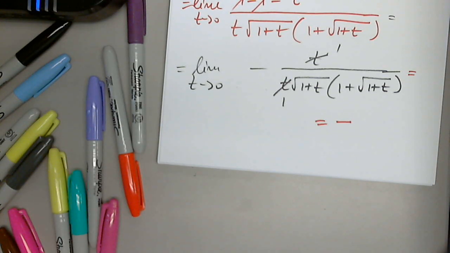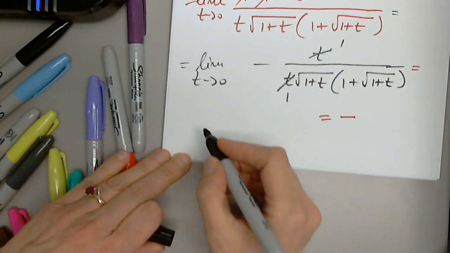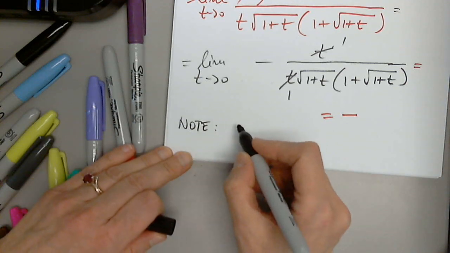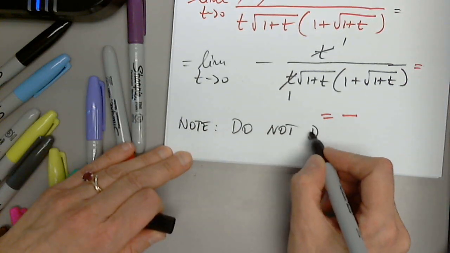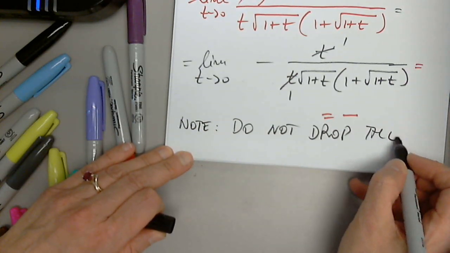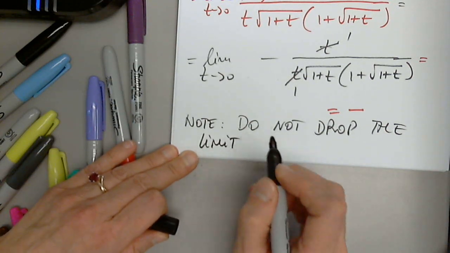Make yourself a note. Do not drop the limit operator till the final step when you plug in the number. Just in case, go back and put it in if you dropped it by mistake. So I'm going to write this note. Do not drop the limit. It makes no sense if you do.